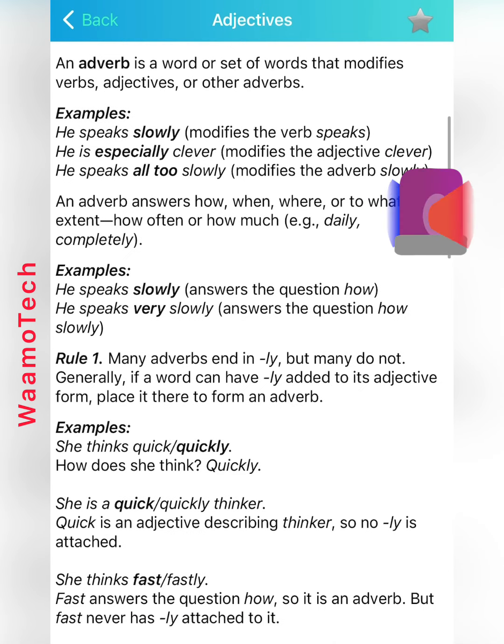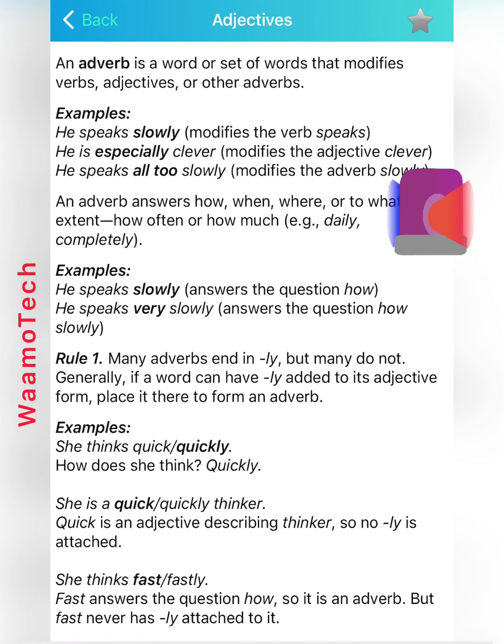So let's see the examples. She thinks quickly. How does she think quickly? The word quickly is modifying the verb thinks.